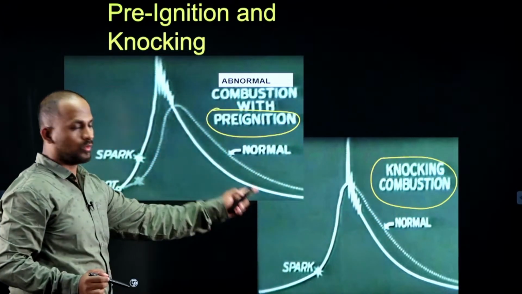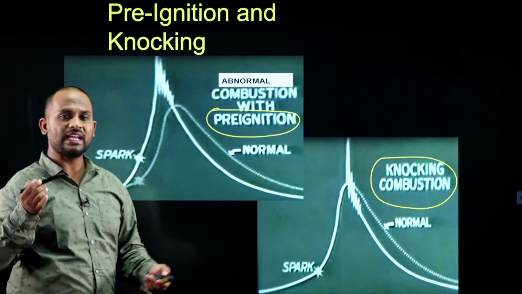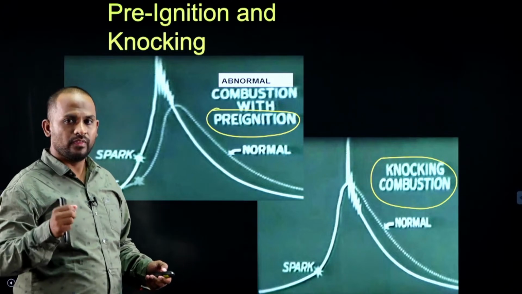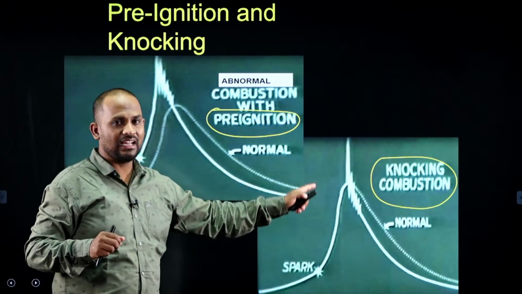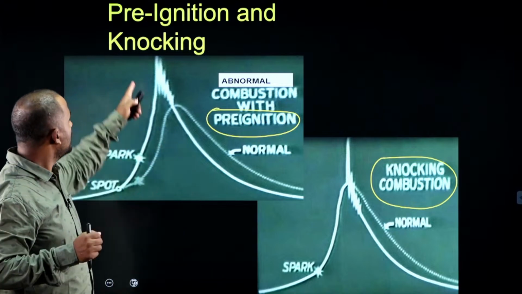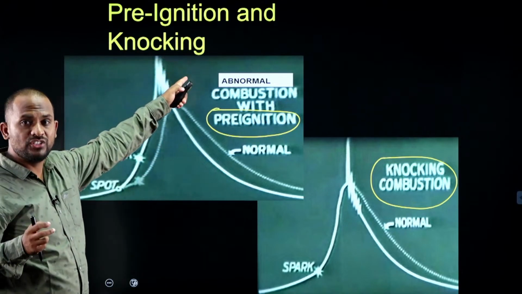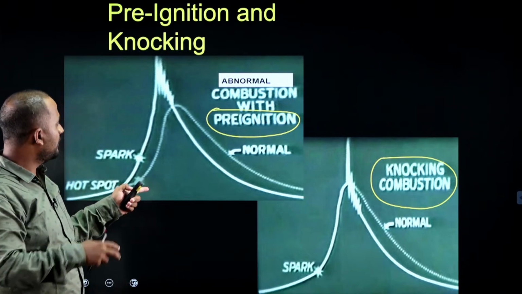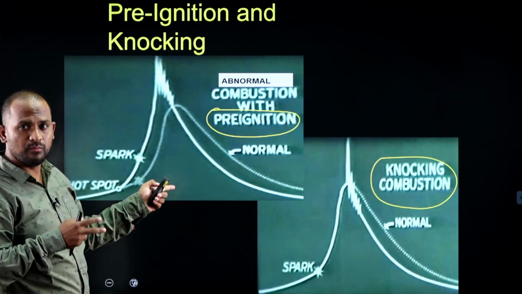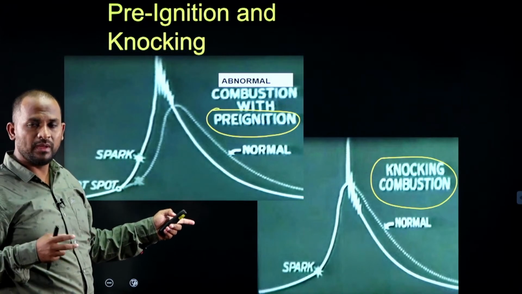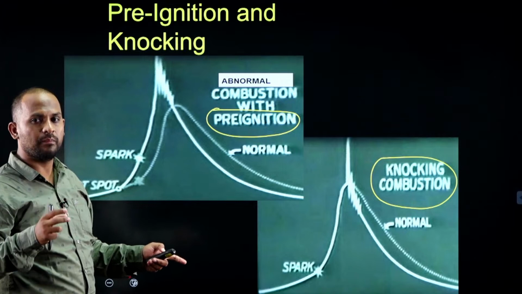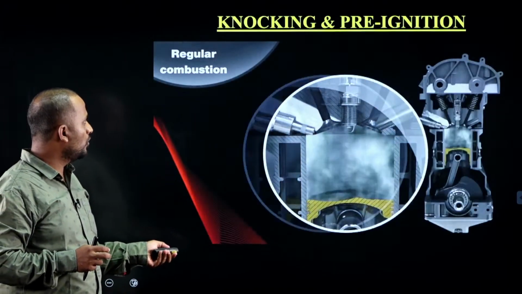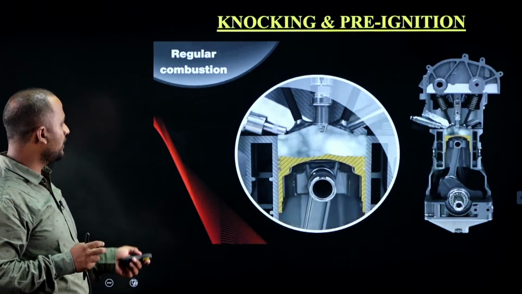In these two P theta diagrams, we can see that there are disturbances inside the combustion chamber, represented by these zigzag lines. But the important thing here is that pre-ignition leads to knocking, where in both pre-ignition and knocking we have abnormal combustion in the SI engines. Now let us see a small video. We can understand the knocking and the pre-ignition.